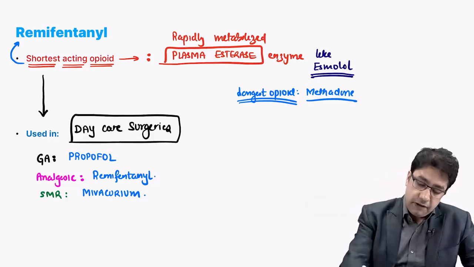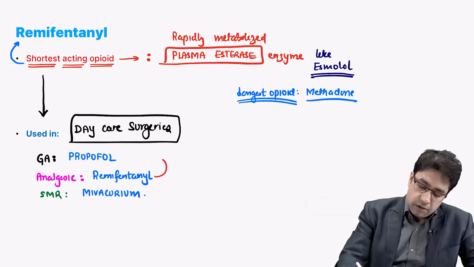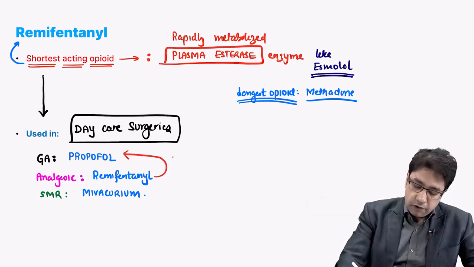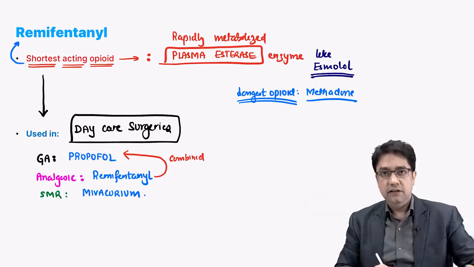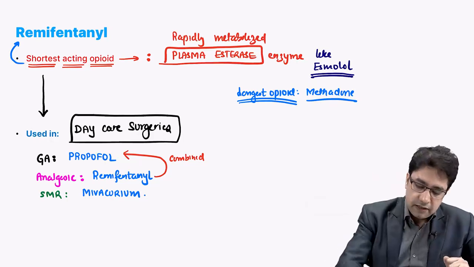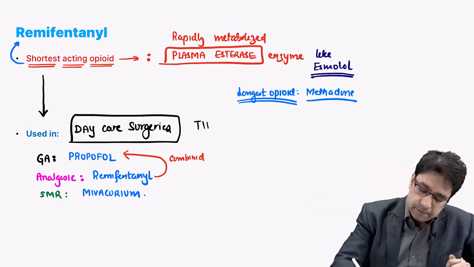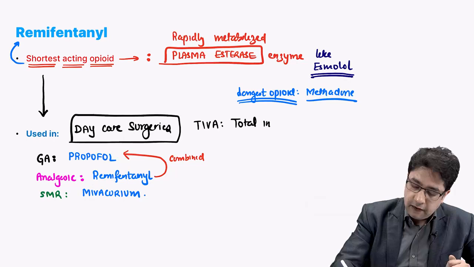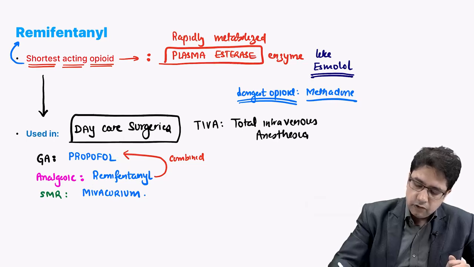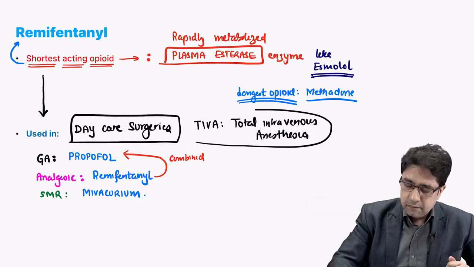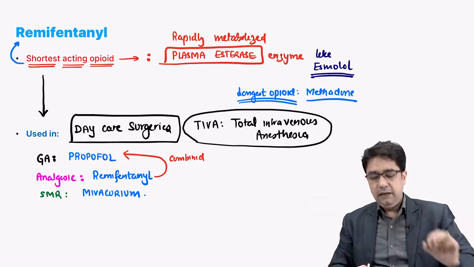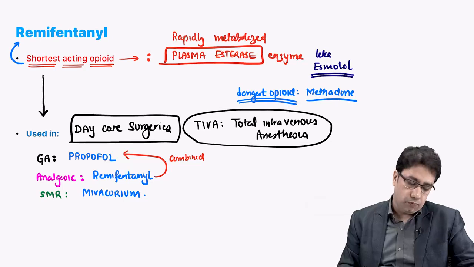So, this remifentanil, it is very commonly combined with propofol during daycare surgery. One more condition where they are combined together is TIVA, that is total intravenous anesthesia. So, this is also a similar thing. We combine remifentanil with propofol.